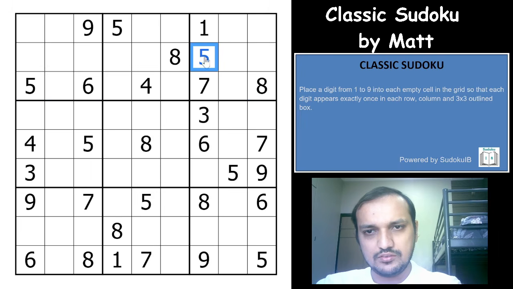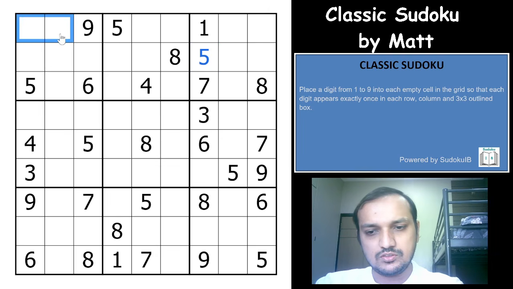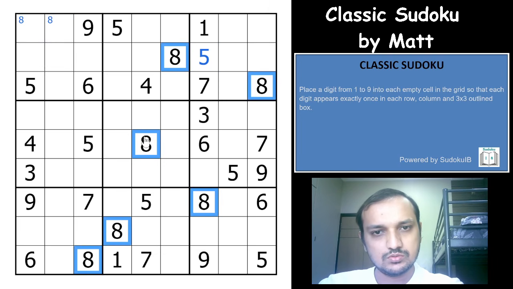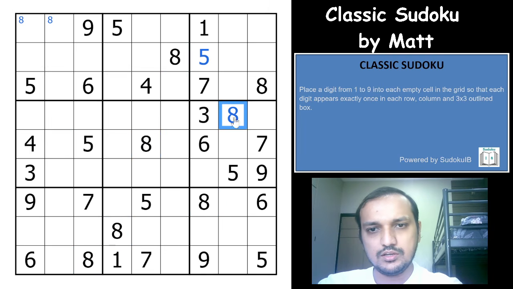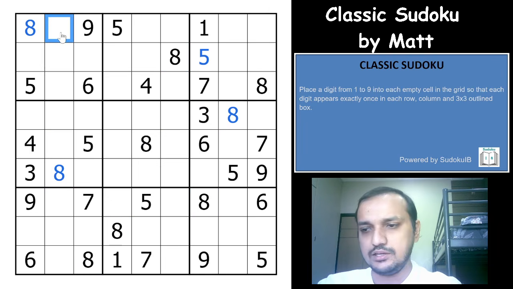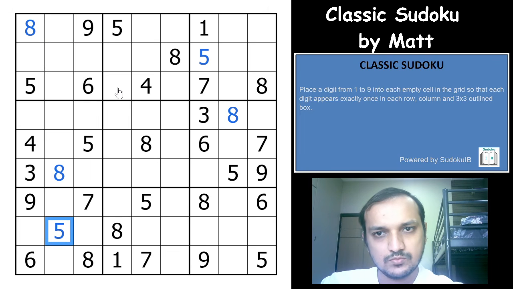Okay, this is a 5 here. 8 is in one of these two cells. Yep. So this is an 8 here. That gives you an 8 here and an 8 here. That's nice. Yeah, we get a 5 here. So all the 5s are done, 8s are done.